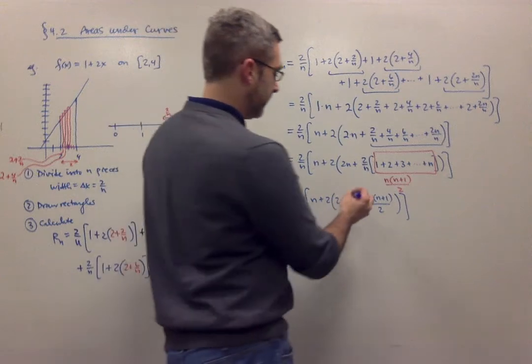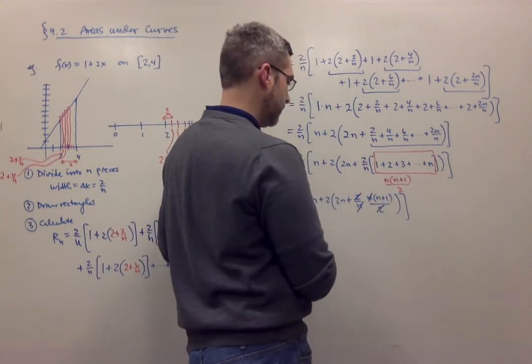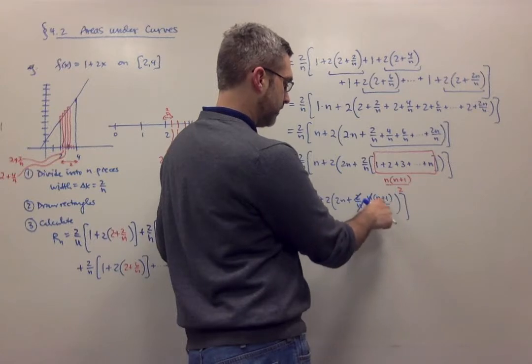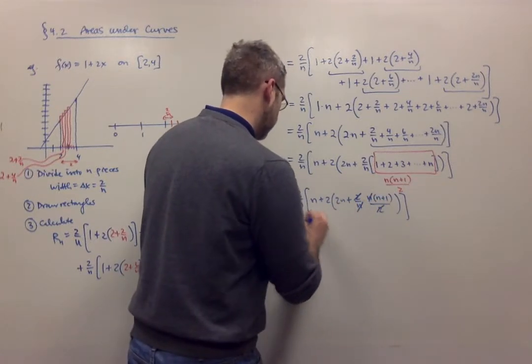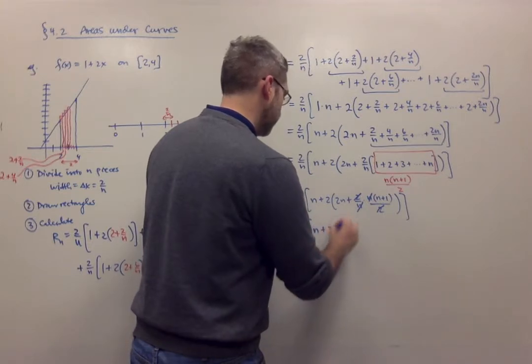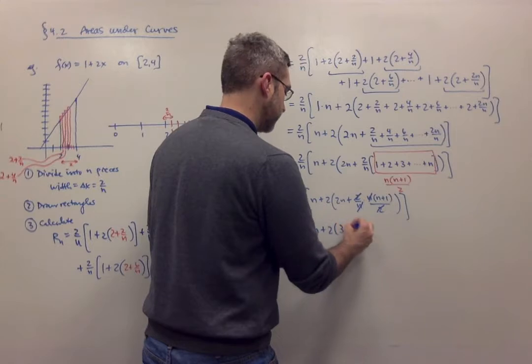We can cancel some 2's and one of these n's. And what we're left with is n plus 1, and here we have 2n. So 2n plus n plus 1 gives me 3n plus 1.